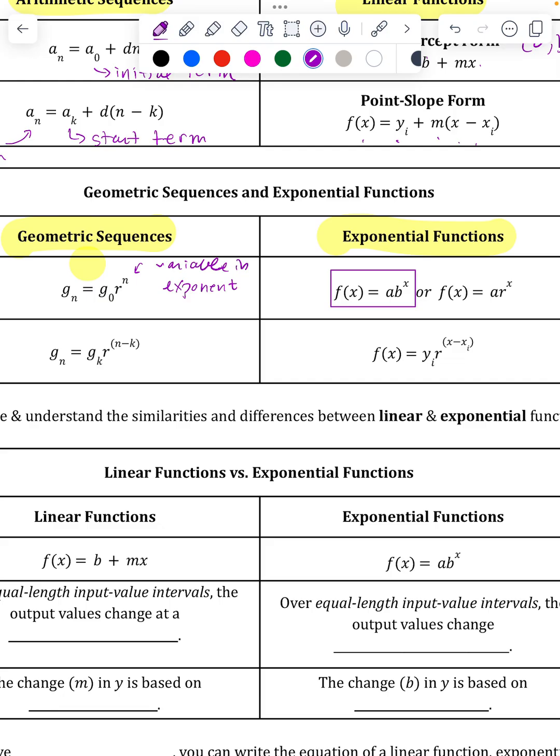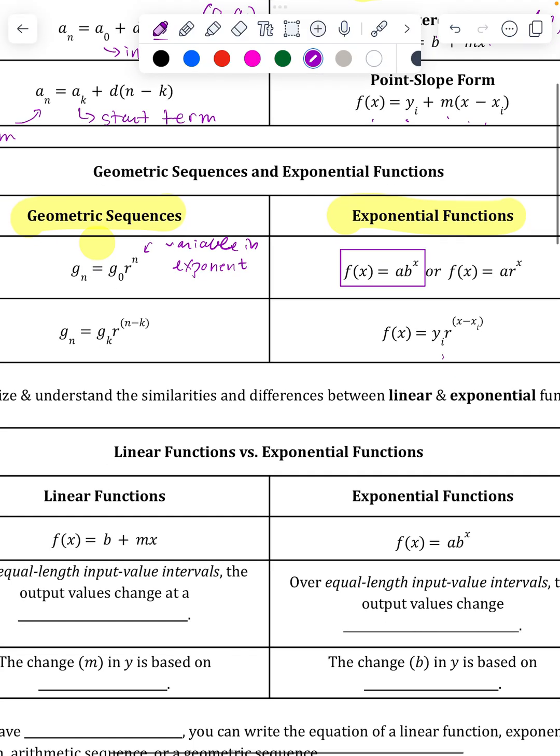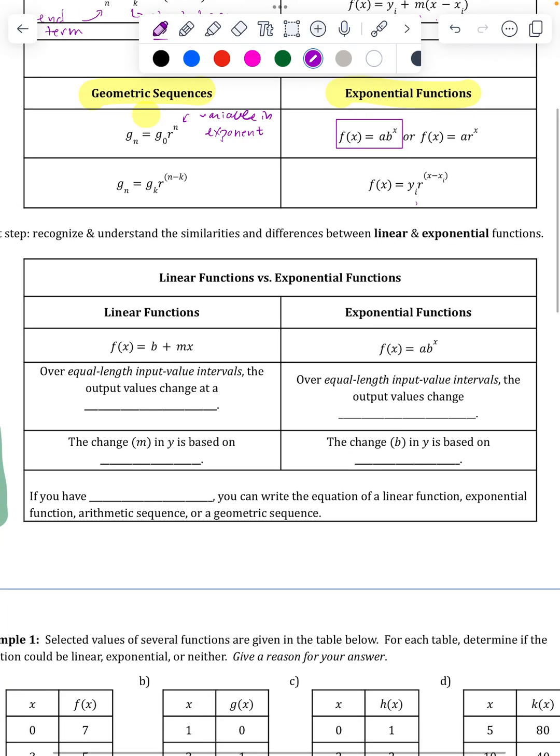The growth factor we talked about in exponential functions is essentially the same mathematically as the common ratio we talk about now. So this is, again, the version where we don't know the 0 value or the initial term, and so we have to adjust our power accordingly. So those are not new items. Those are just looking at how they relate.